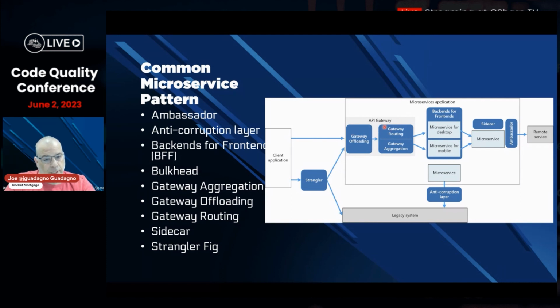Then it goes into the gateway routing and gateway aggregation patterns. Now, the gateway aggregation takes multiple individual microservices and puts them into a single request to enable better performance by sending one request versus hundreds.